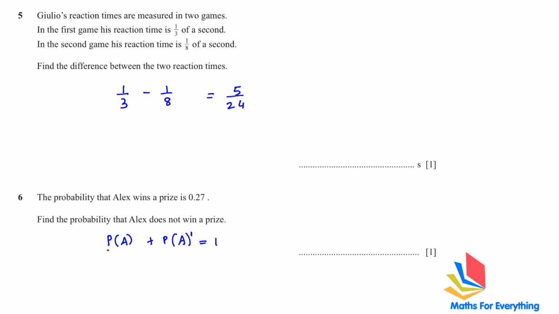You have been given the probability of something happening. So the probability of something not happening will be 1 minus the probability of that thing happening, which is 1 minus 0.27. That will give us 0.73. This is an important rule. You need to know that. And also, when we write it in this form, you need to know this also.